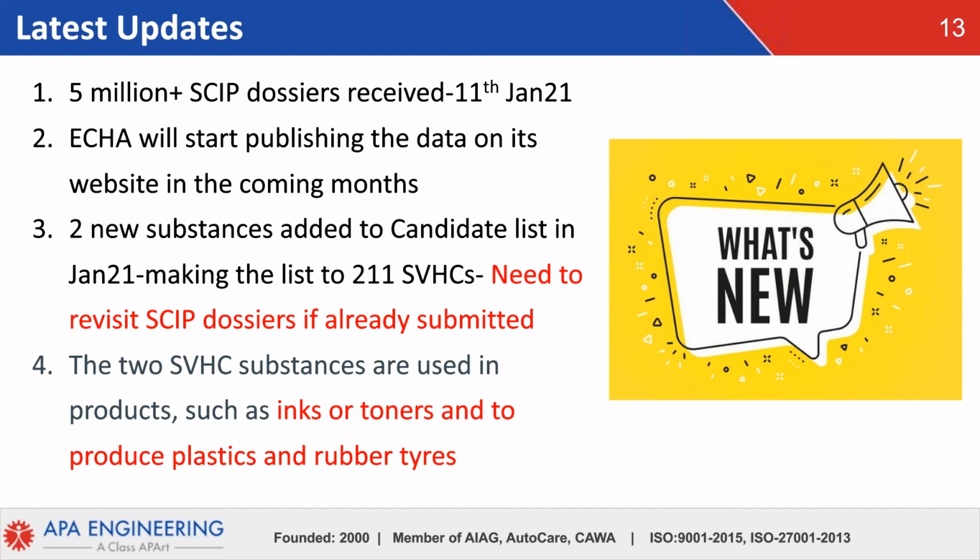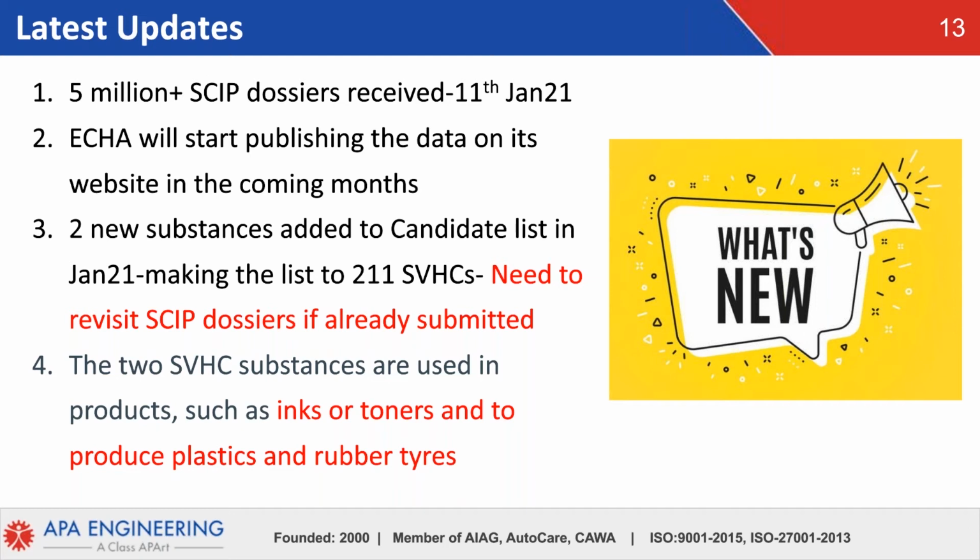By the way, every 6 months, ECHA will be reviewing this candidate list for SVHCs and revising that list. So this needs to be a regular routine process for your company to review the new items or any new changes in SVHCs every 6 months and make sure that your dossiers are properly updated.